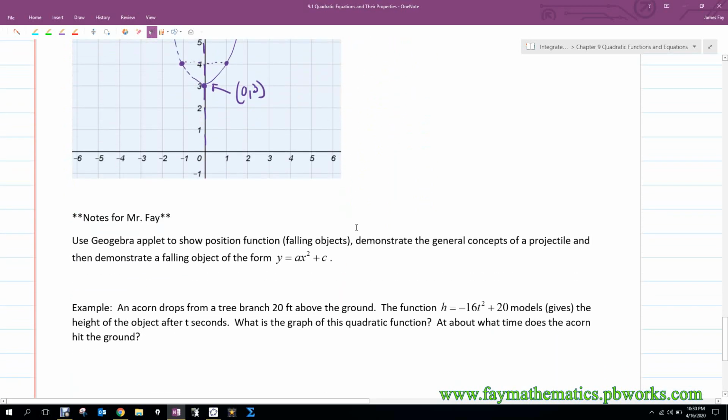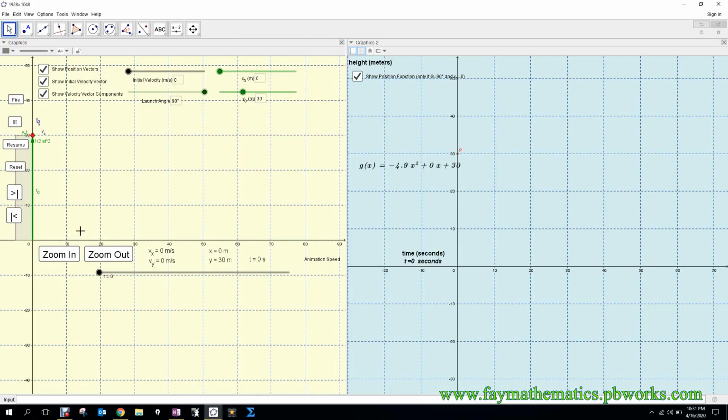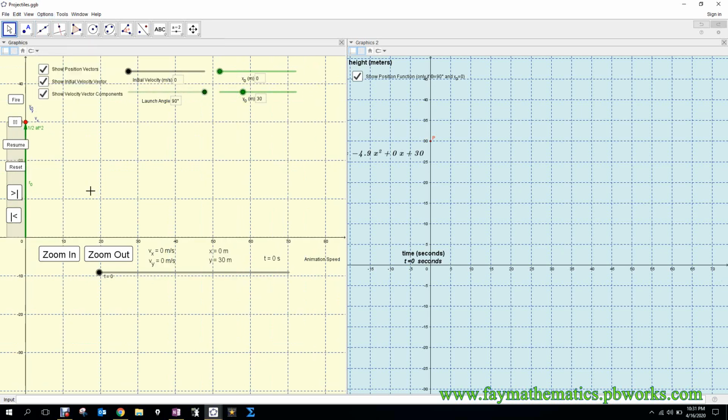All right, so in your homework, there's a couple questions that talk about falling objects. So I just want to give you a brief rundown of what a falling object looks like. And this is a physics model that I made. We're not going to get into the whole load of information that's here.